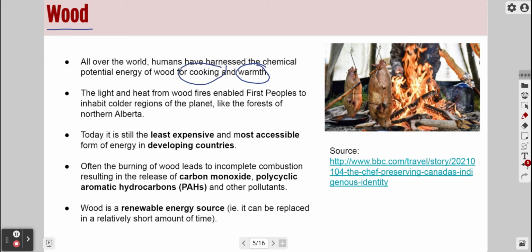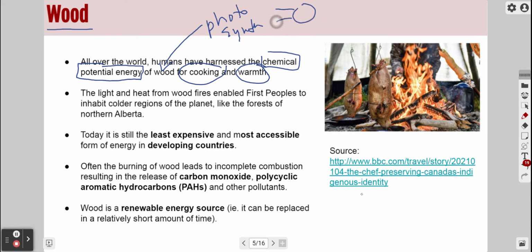We as humans have harnessed that chemical potential energy that's in the wood, and that came from photosynthesis. That tree could not have grown without the sun. That's how we're linking everything back to the sun. The wood grew through photosynthesis from the sun.